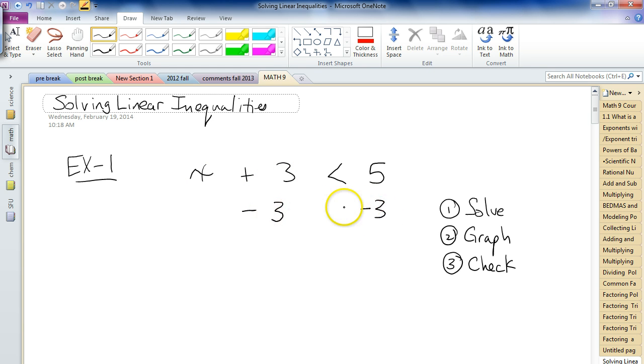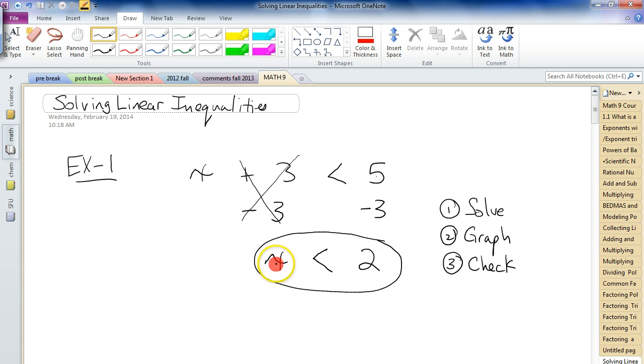You have to do the same to both sides to be fair. And these plus and minus 3's cancel out. You're left with x on this side, and then the less than sign, and then 5 minus 3 is 2. That's stuff you've done before. So we've solved it. The inequality is satisfied when, how do you read this? When x is less than 2. So that's the solving part done.